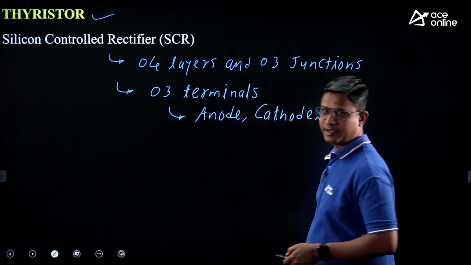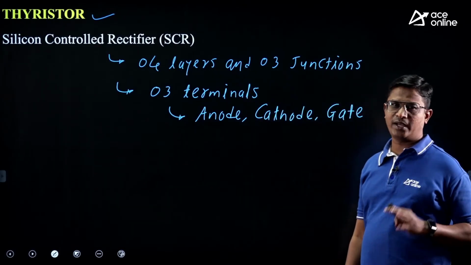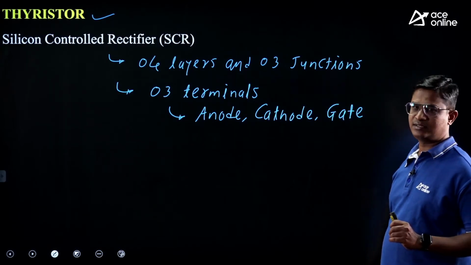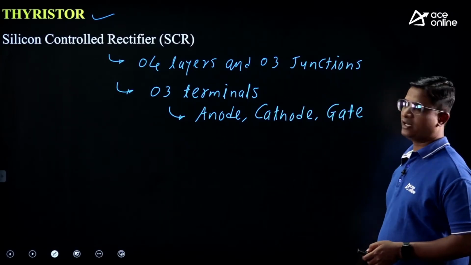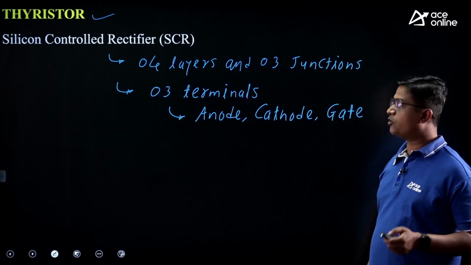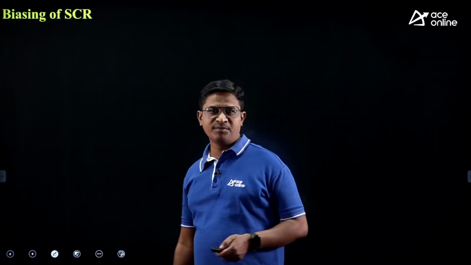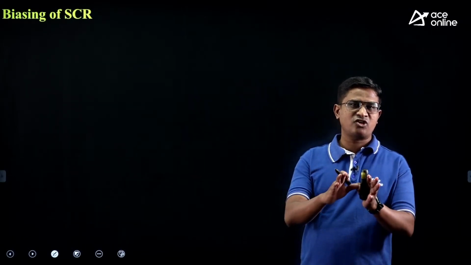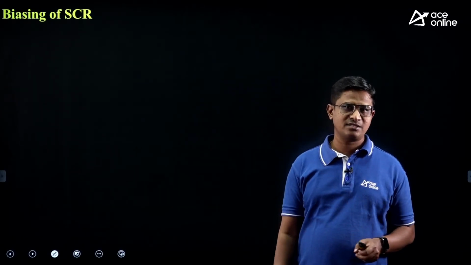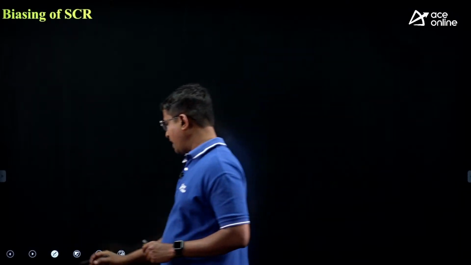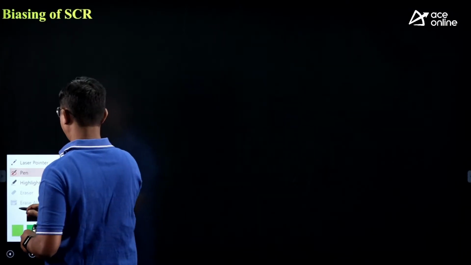Anode, cathode and gate. And junctions are J1, J2 and J3. Alright? So this is the simple SCR we are having. Now biasing of the SCR. Biasing means connection of external supply across the device. So there are 2 types, forward biasing and reverse biasing.